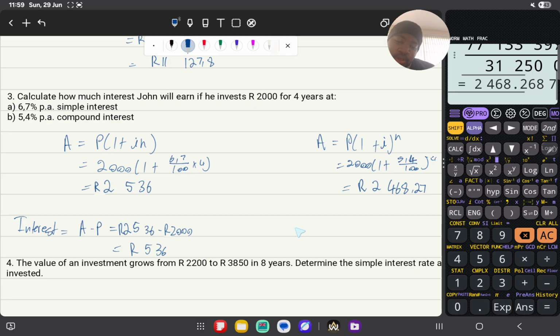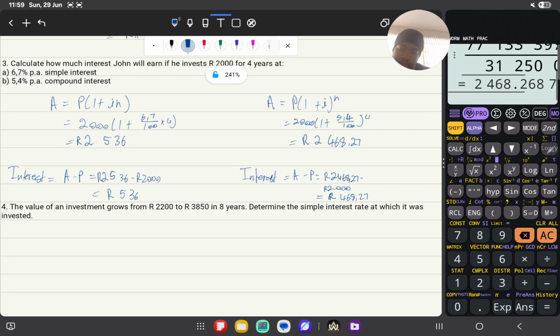And then here we do the same: interest equals A minus 2000, and the final answer will be 468.27.